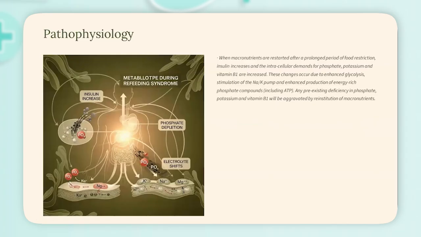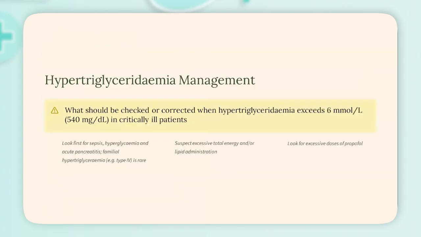Pathophysiology is because of the nutrition surge with glucose surge, insulin increases in the body, which causes intracellular shift of ions like potassium, magnesium, and phosphate that ultimately cause derangement of the ATPase dependent pumps, causing different muscular and autonomic failure.